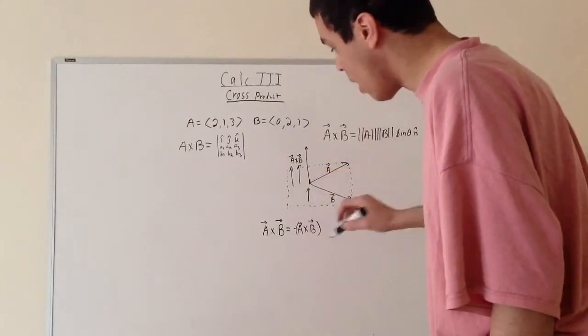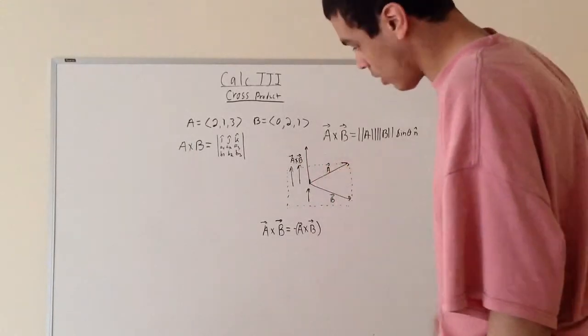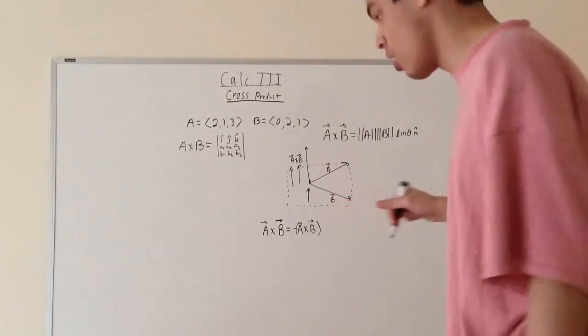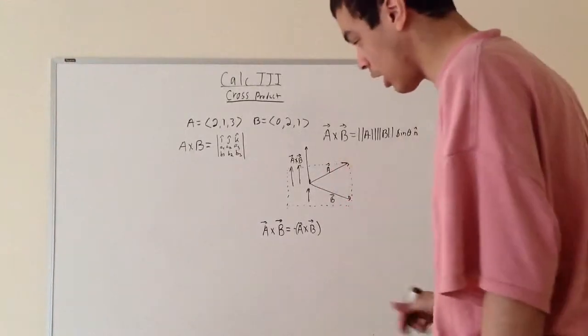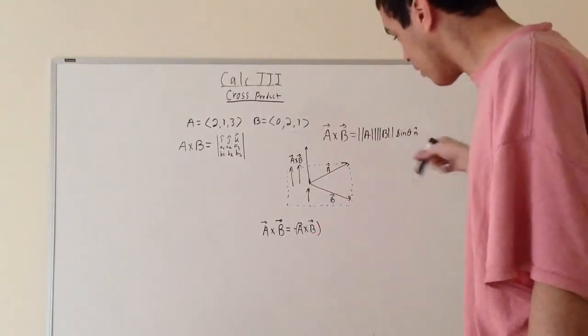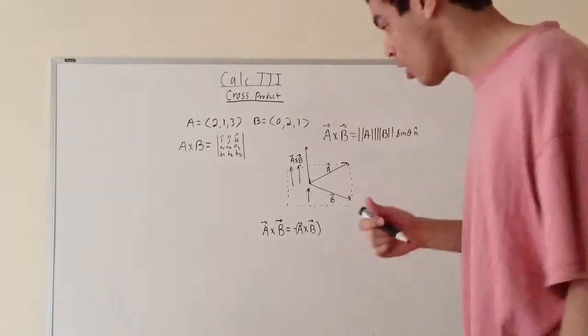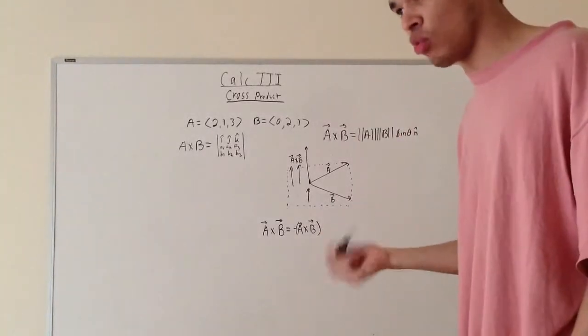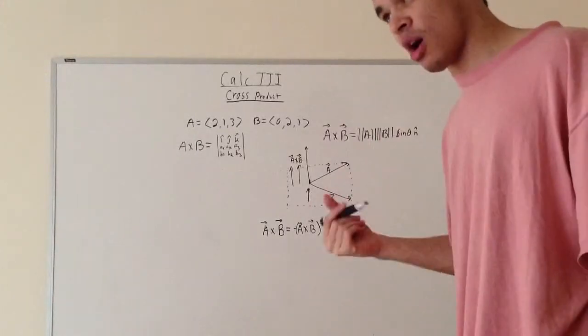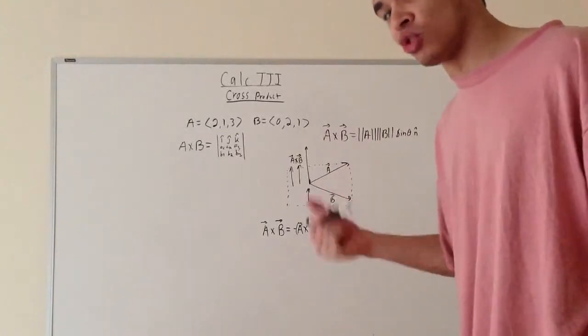All of these are normal vectors, and they can be of arbitrary length. As long as they're perpendicular to the plane, that's a normal vector. That's why it's important to include that in the definition. You may not always see it in textbooks, but that's really what's going on. It really helps drive the point home that when you do a cross product of A and B, the result is a vector.